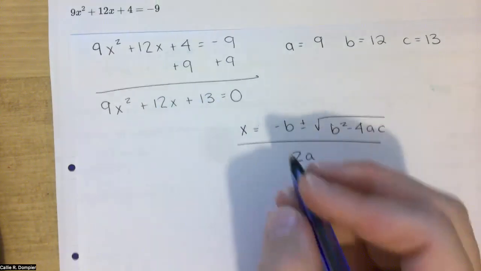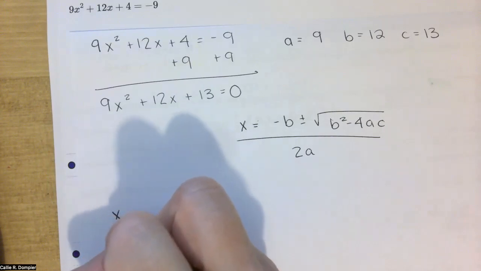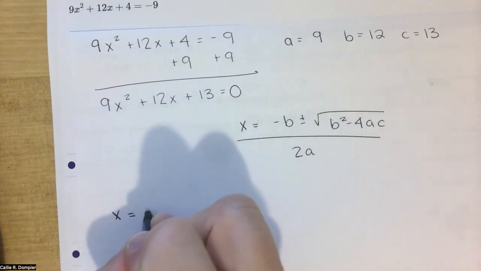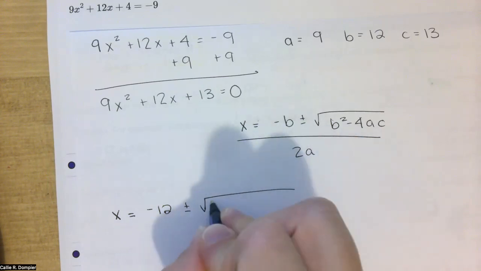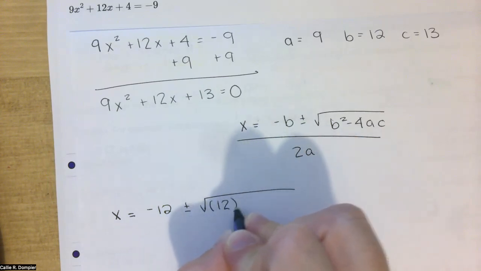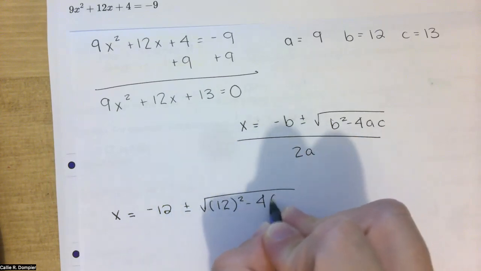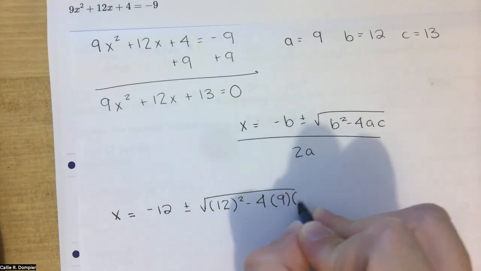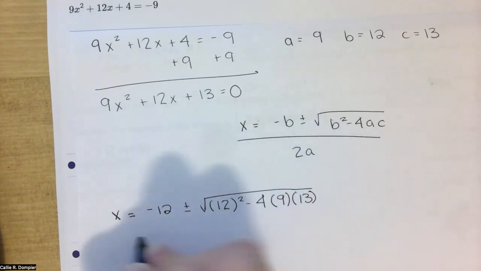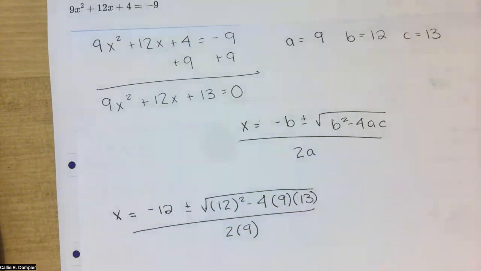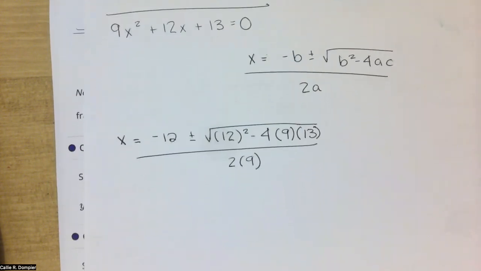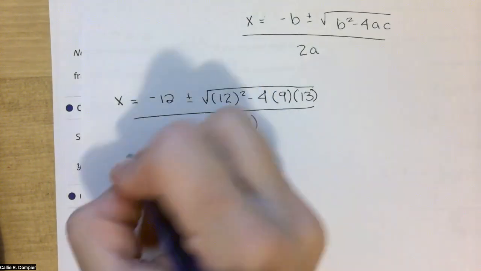Good. X equals negative B, negative 12 plus or minus the square root of 12 squared minus 4 times 9 times 13 all over 2 times 9. And then you'll just work that out.